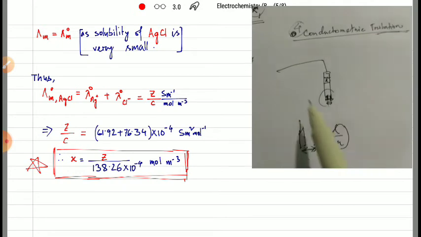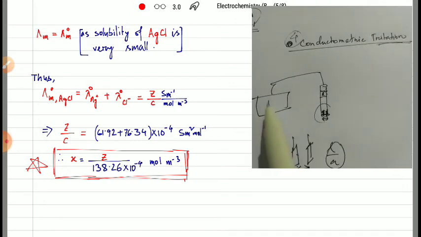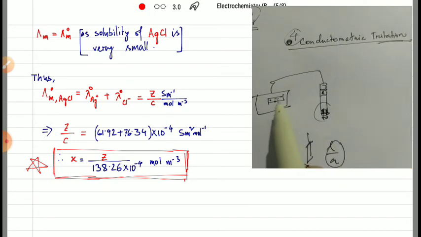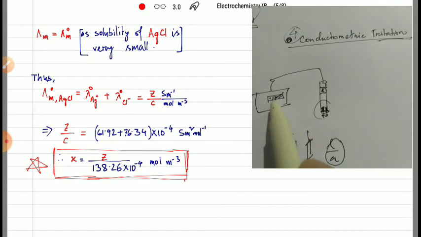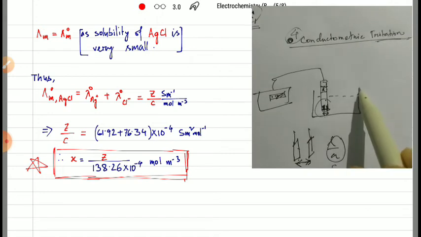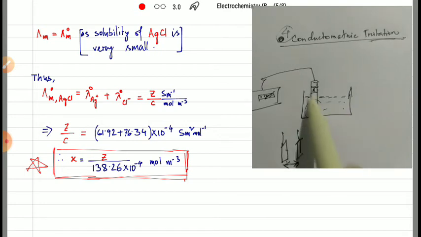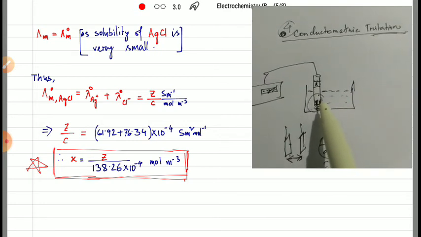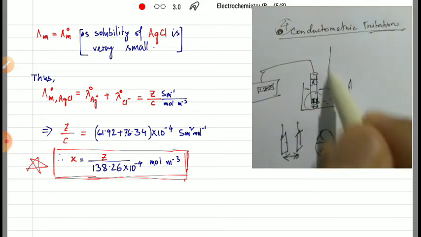In the conductometric titration, what we will do is, there's an instrument, a digital meter. A digital display will be there, on which we can check the conductivity, or the resistance, of that solution if you insert this electrode in a solution. So we're going to insert that electrode in the solution in which we have to do the titration.